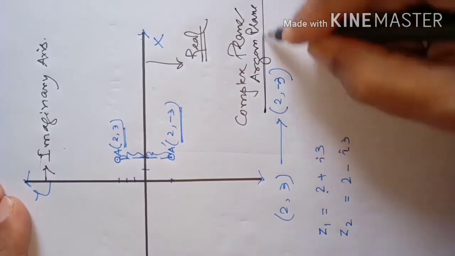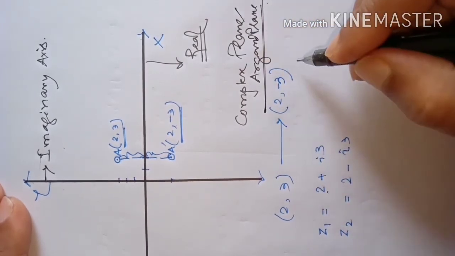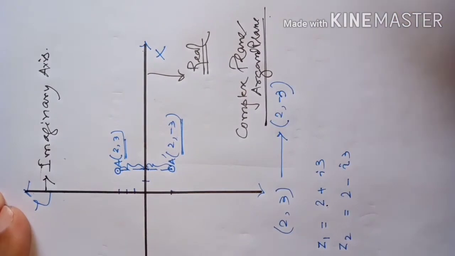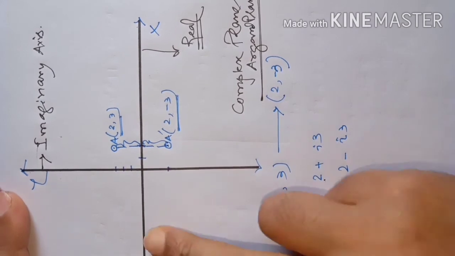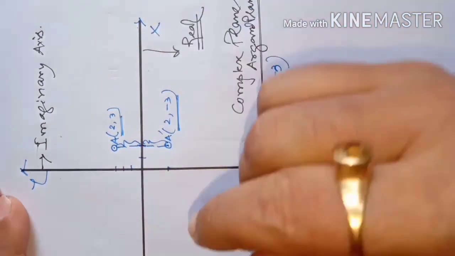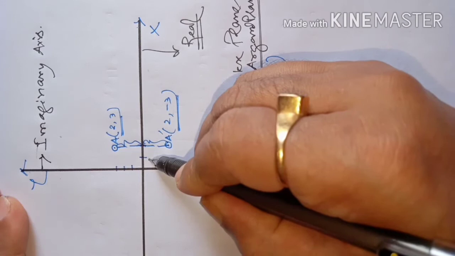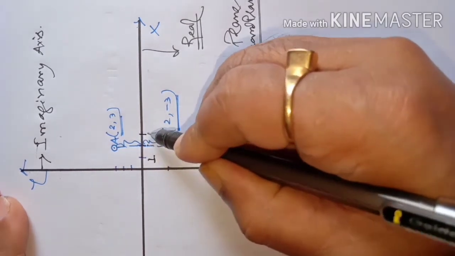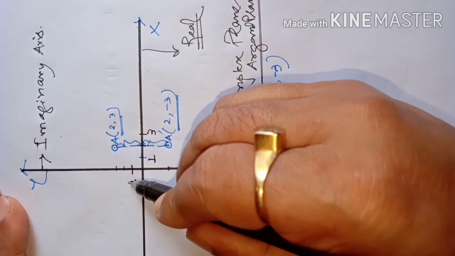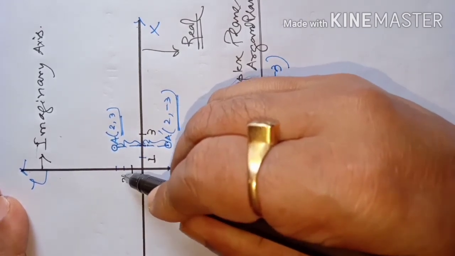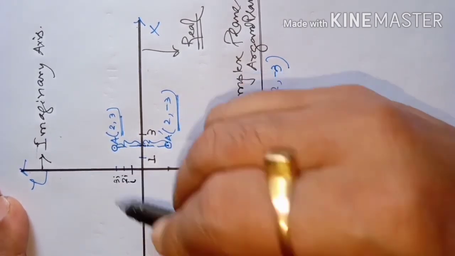Complex plane or Argand plane. In this Argand plane we represent the imaginary part of the complex number, and here the real part of the complex number. So this will be 1, 2, 3 and so on here, and this will be for 1 iota, 2 iota, 3 iota, like that.